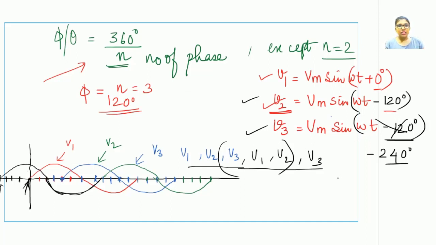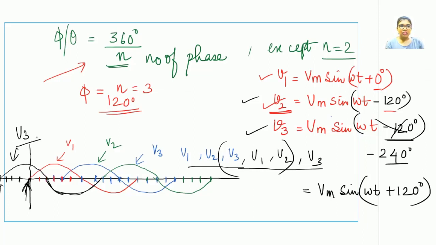Hence, this V3 can also be written as Vm sine omega t plus 120 degrees. Why plus 120 degrees? Because we have divided each point into 30 degrees. Since this is the starting of V1, we have 30, 60, 90 and 120 degrees. 120 degrees ahead, V3 is seen to be present for a particular instant of time when they are being generated.